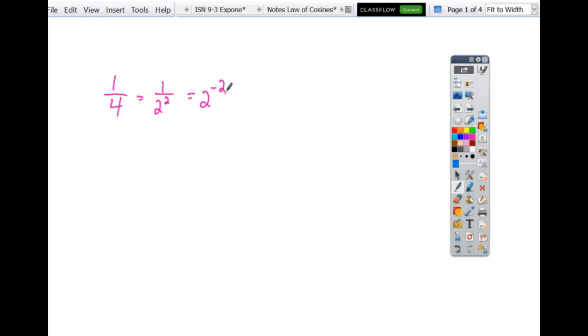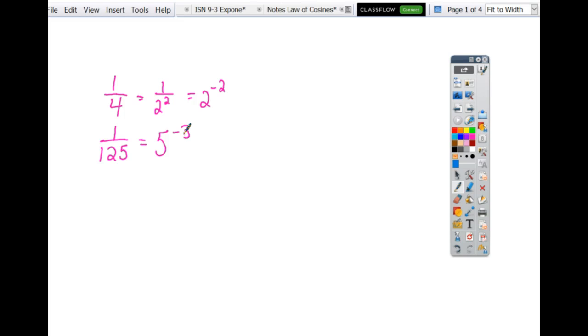You see? So if I had 1/125, 125 is which one? 5 to the third. So this would equal 5 to the -3. Does everybody see this? Well, I want to write it with just an exponent.